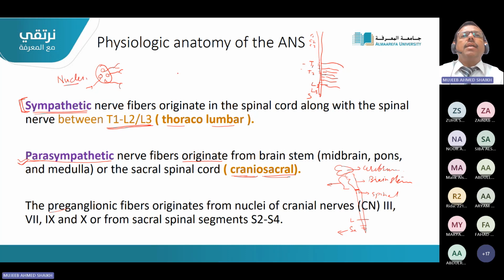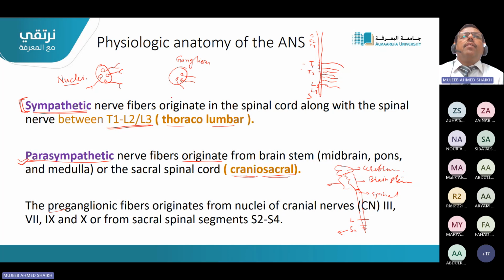If it is outside the nervous system, somewhere peripherally, if they are arranged, we call them ganglion. Ganglion is singular and ganglia is plural. So a collection of nerve cell bodies outside the nervous system, we call it a ganglion.